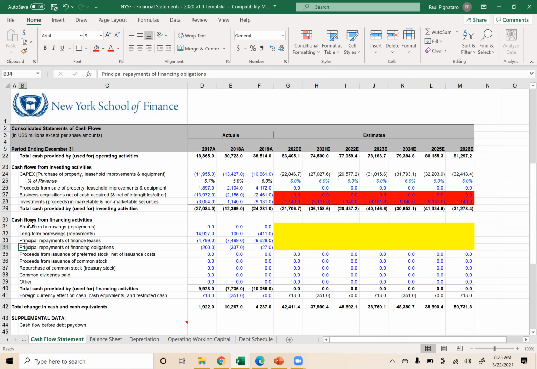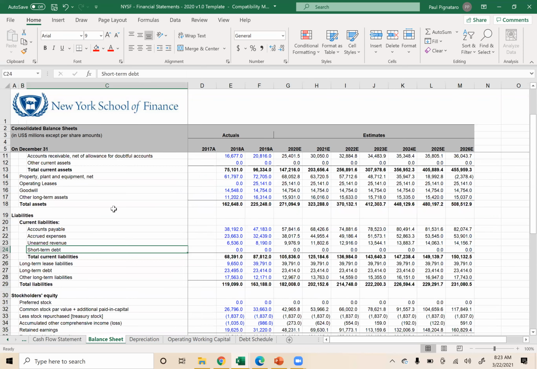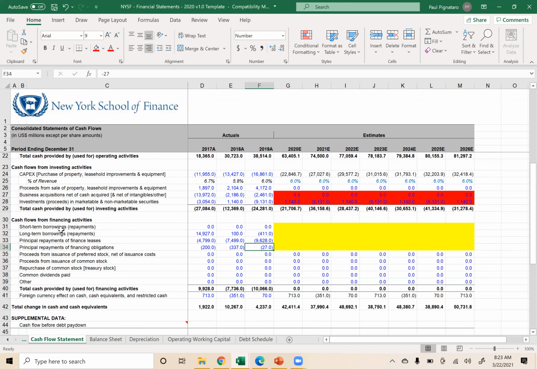So what probably has happened for real is this financing obligations is quite minimal. And so they probably buried it into another line item here, but we're not going to do that. We're going to be completely explicit. And we're going to expand the balance sheet to have a line item to match the 4 here. Okay.